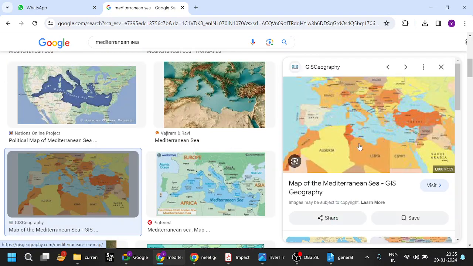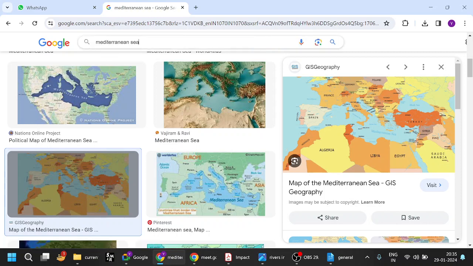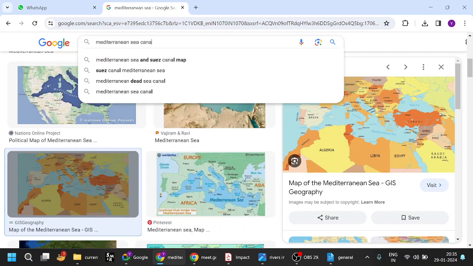So, look at this map. This is Northern Africa, Algeria, Libya, Egypt, and this is the Mediterranean Sea. So, it's basically having Europe on the top and Africa at the bottom, and Central Asia on the right side, the Gulf basically. So, Mediterranean Sea is very important. This is the Suez Canal, if I'm not wrong. Let us see Mediterranean Sea canals.